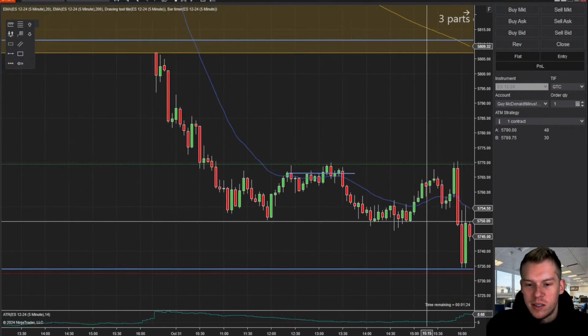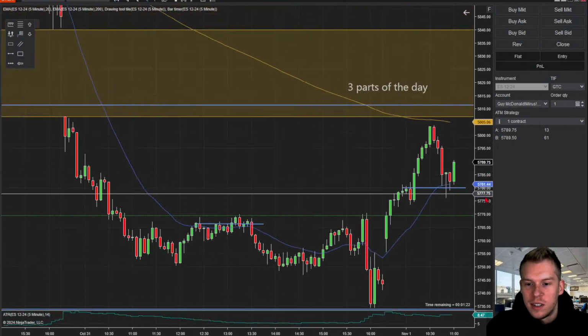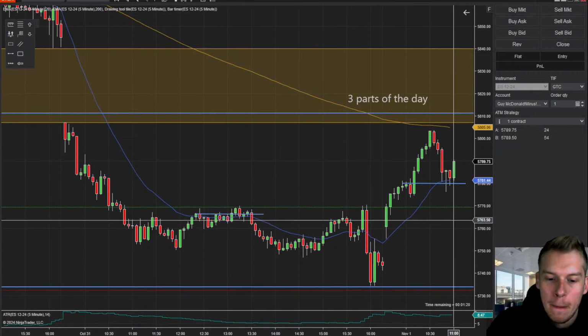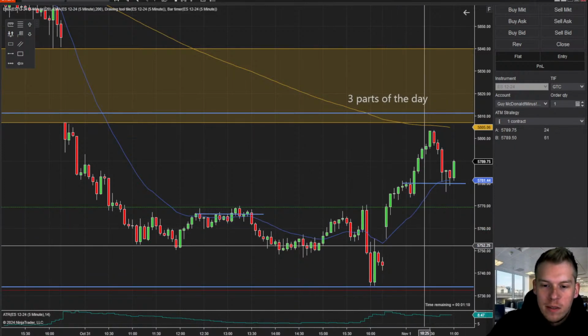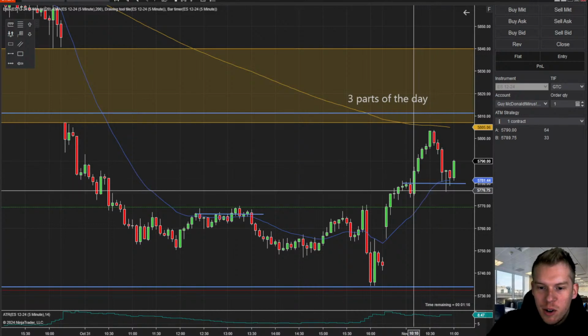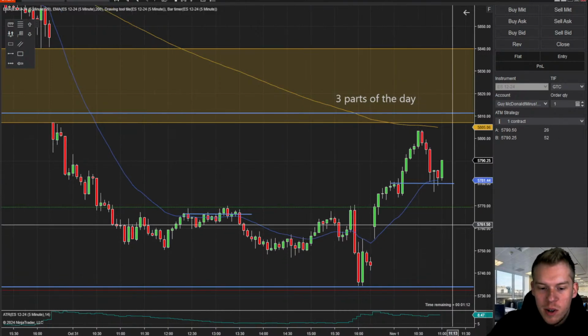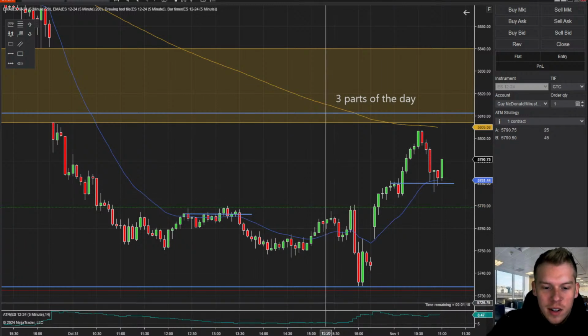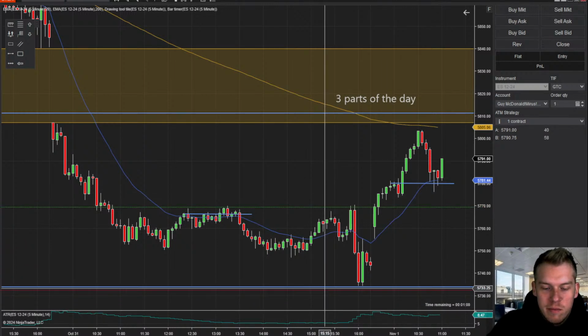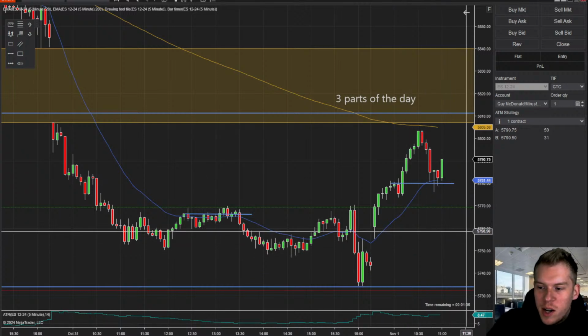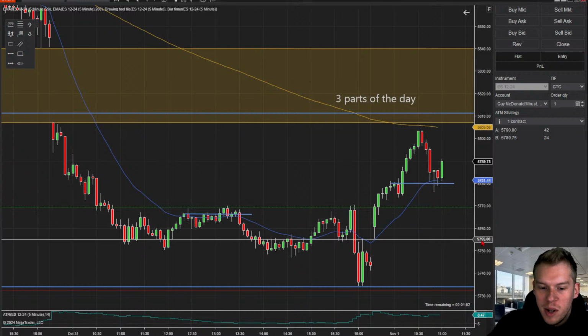It still presents opportunities. And just like our bars are probably a little bit different because our charts are different, but trading is all fractal, so it's going to be the same across all markets, all time frames.